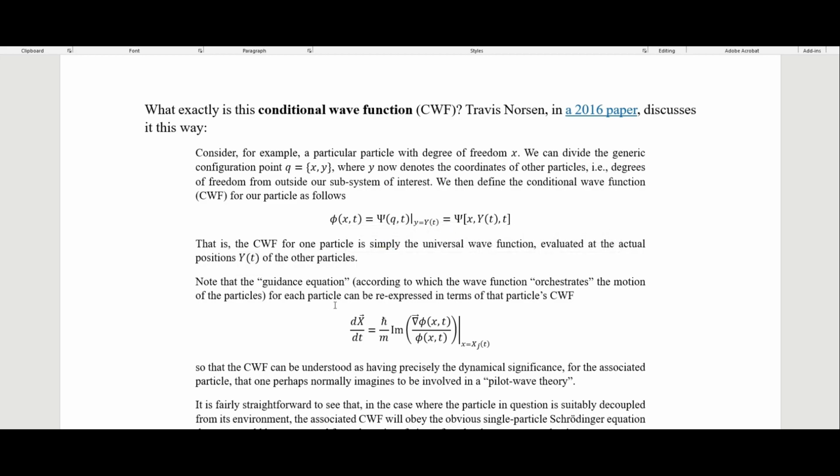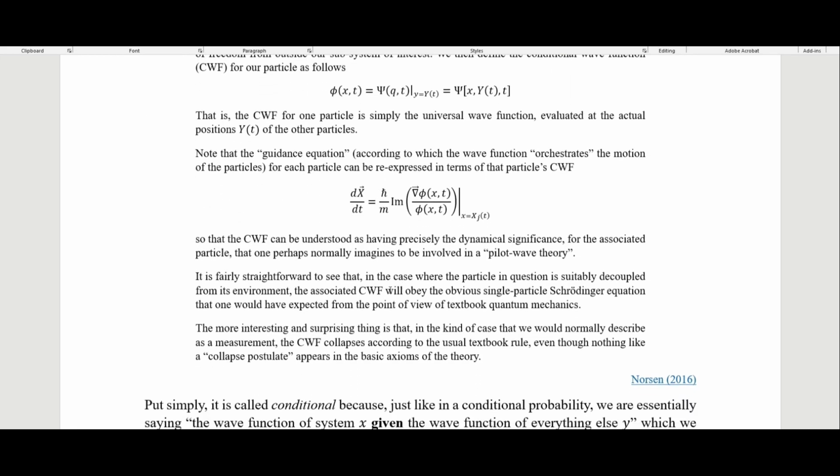Note that the guidance equation, according to which the wave function orchestrates the motion of the particles, for each particle can be re-expressed in terms of the particle's conditional wave function, so that the conditional wave function can be understood as having precisely the dynamical significance for the associated particle that one perhaps normally imagines to be involved in a pilot wave theory.